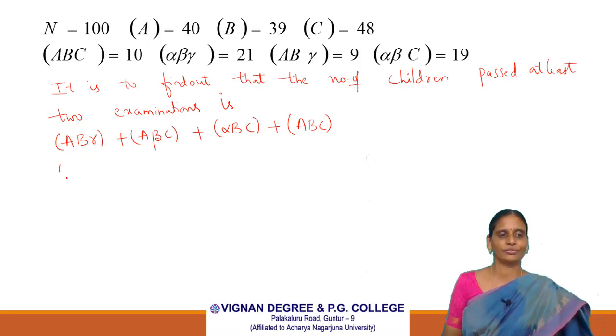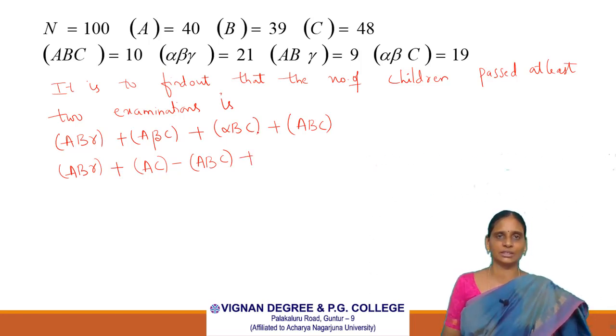So frequency of ABγ plus frequency of AβC can be written as frequency of AC minus frequency of ABC, plus frequency of αBC can be written as frequency of αC minus frequency of αβC, plus the remaining class frequency, frequency of ABC.